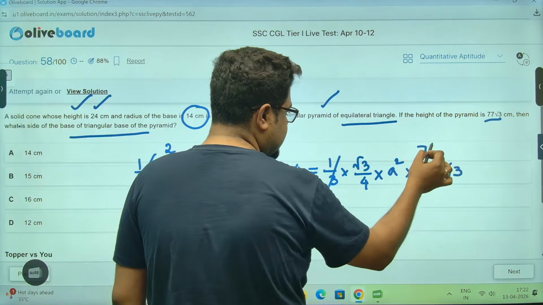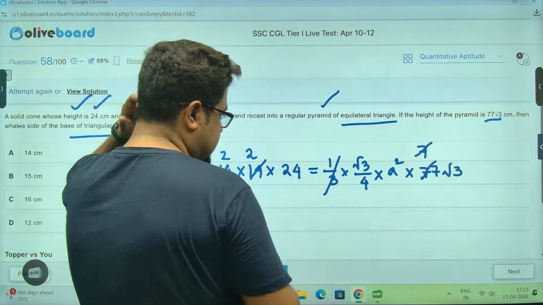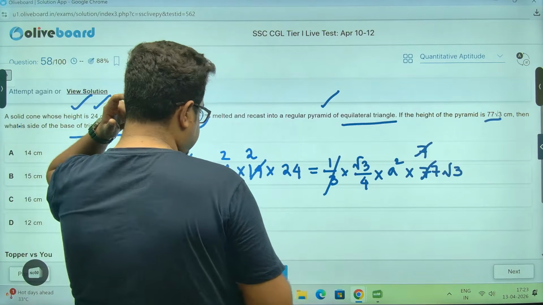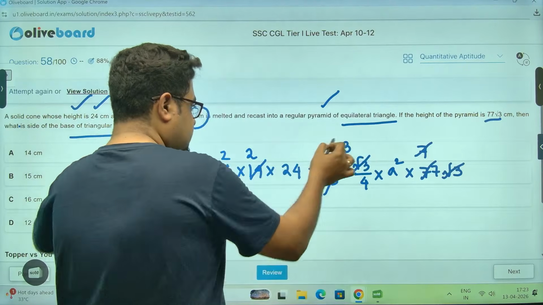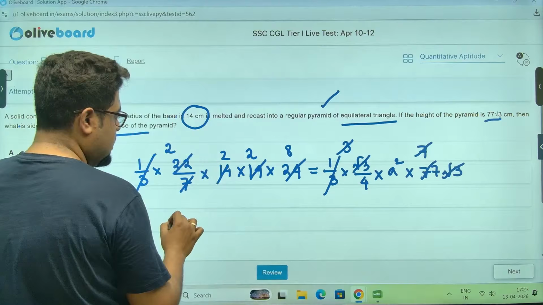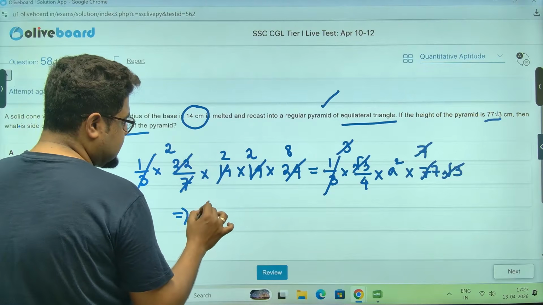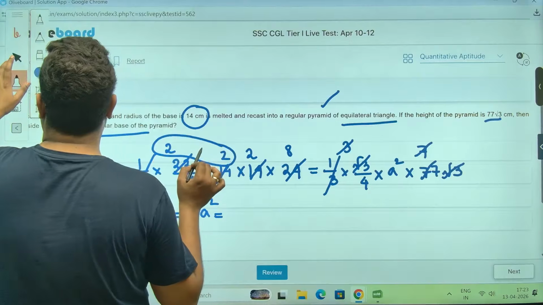This is 7. 7. This is 2. Correct. √3 and √3. This is 3, sir. 3 8s are this. Can I do anything more? Don't think so.